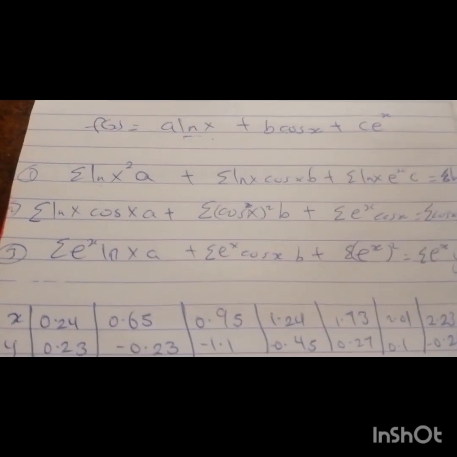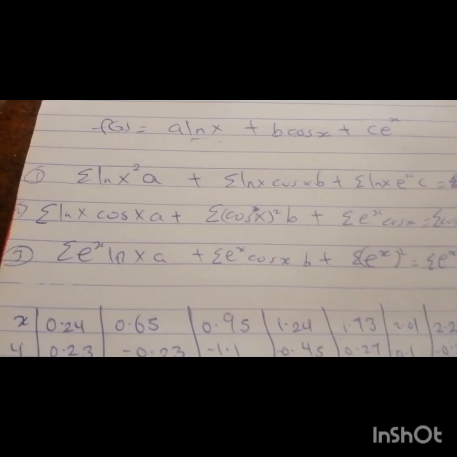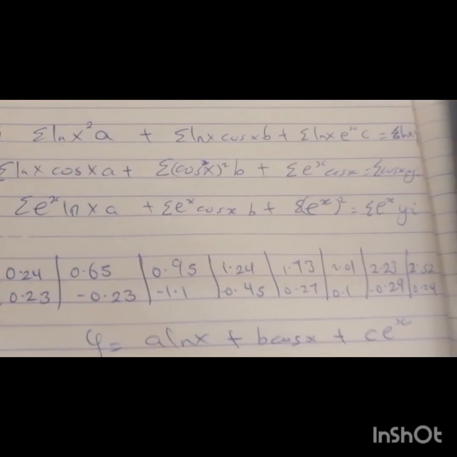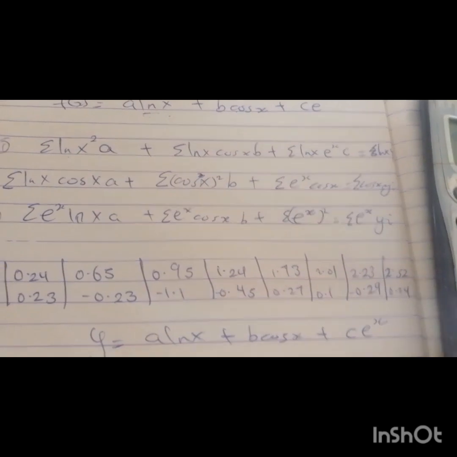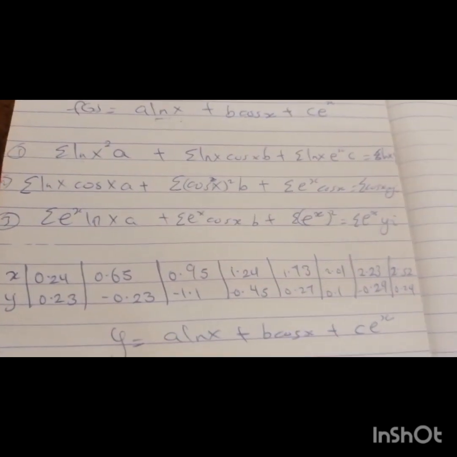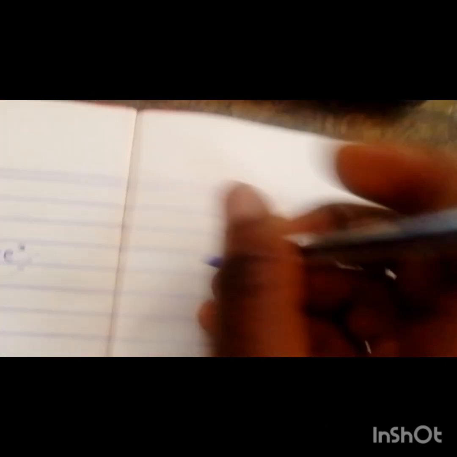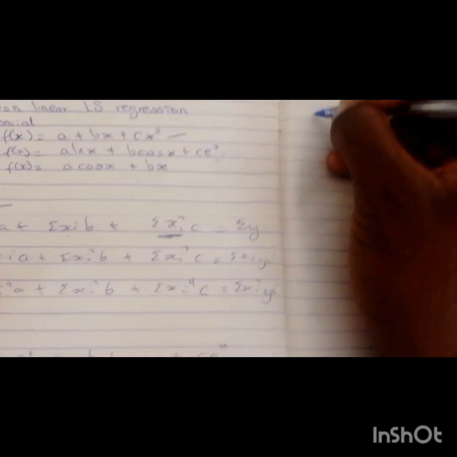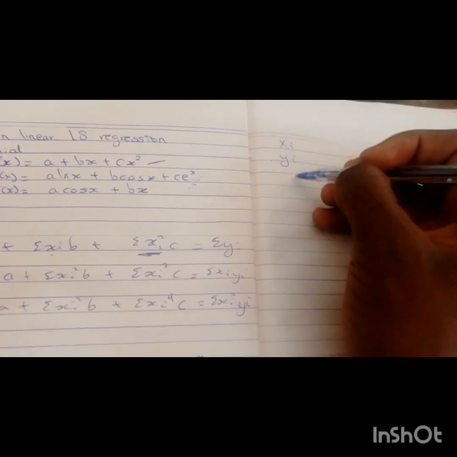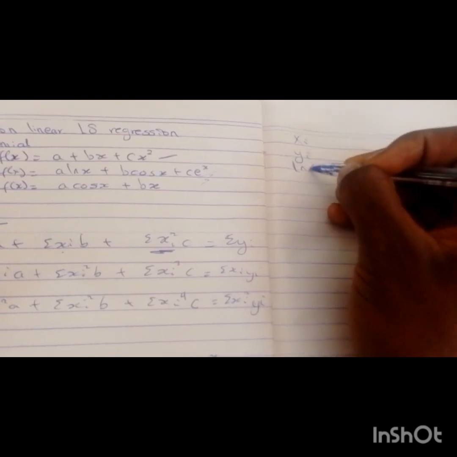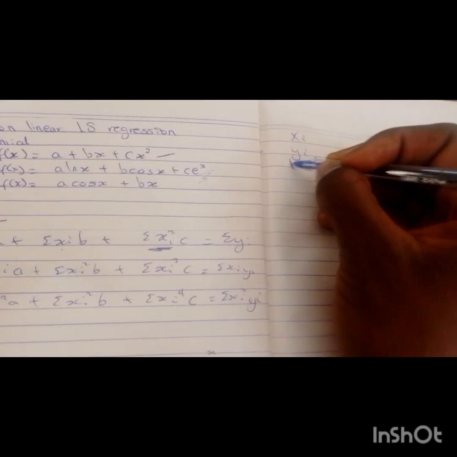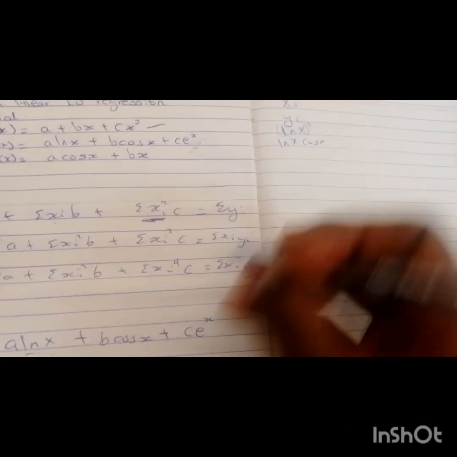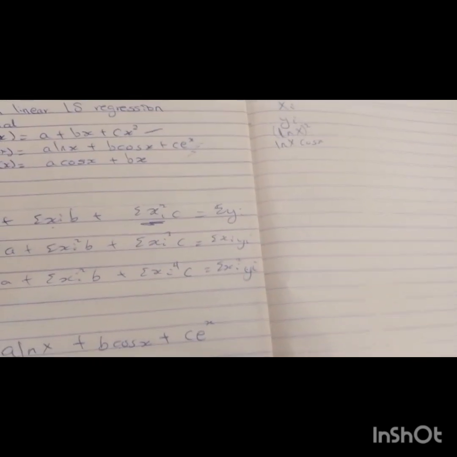So you sum all of these, and that will give you some particular value. For a particular data set like this, you might want to draw a table, right? Because there are many terms, you might want to draw a table that contains the major things you need here. So you have your x_i, y_i on the table, you need your ln x squared, something like this, and you need your ln x cos x.